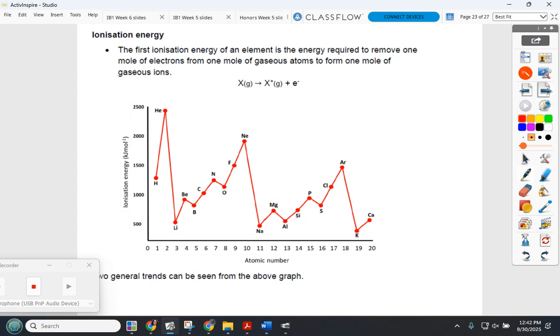Back to ionization energy. Now we're not talking about taking multiple electrons away from a single atom. We are focusing on first ionization energy of different elements. And they used to love putting graph questions like this on the test.